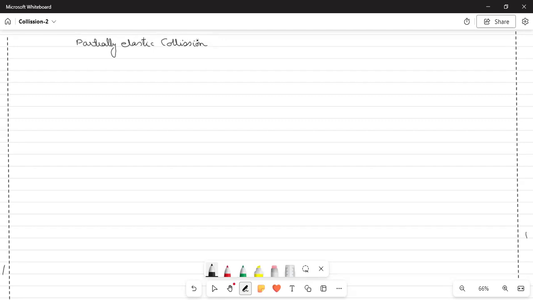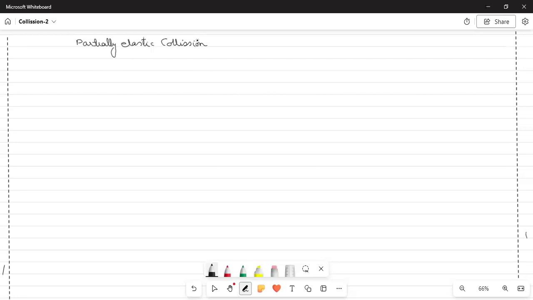But for the purpose of our practical approach, if they are pretty good elastic, we call it elastic collision. So let's see what happens in partially elastic collision.